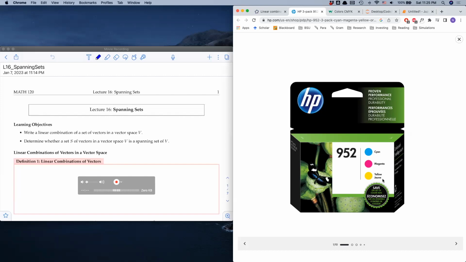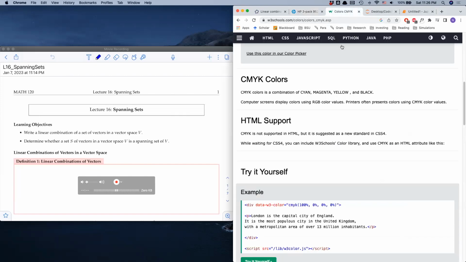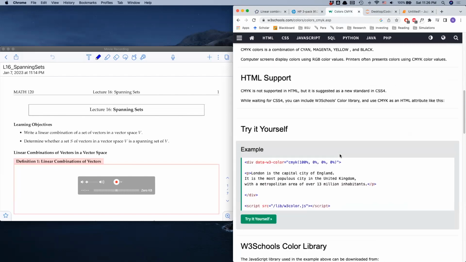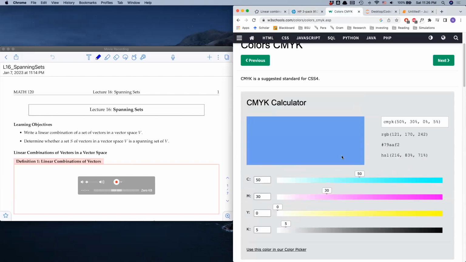And in addition to that, you need to add a fourth color for true black color. And this true black, let me use this particular website, will help generate the black ink in your printout.